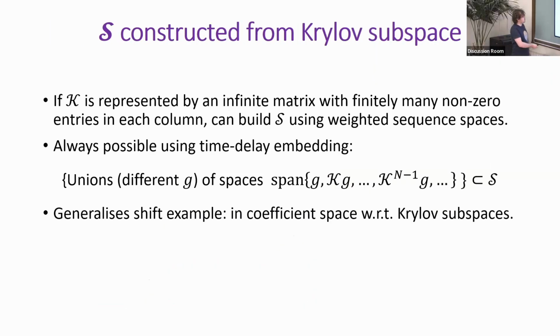Here's the theorem. Suppose that your Koopman operator is represented by an infinite matrix with finitely many non-zero entries in each column. You can build S using weighted sequence spaces, and it's always possible to build such a Koopman representation using delay embedding. If you take unions over different choices of G of these Krylov subspaces, there's a way of building your test function space.